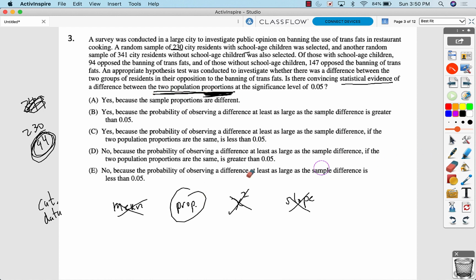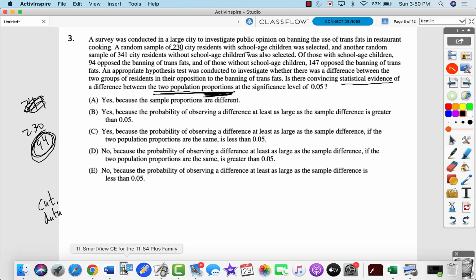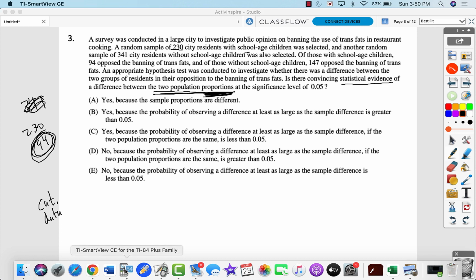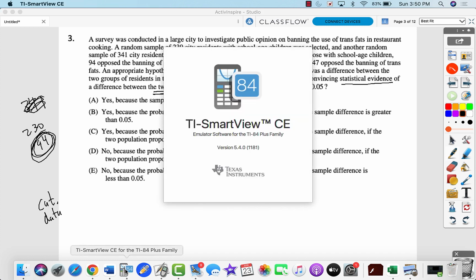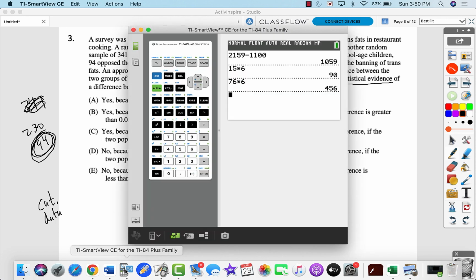So this is a 2-prop z-test. There are 2 proportions. I know it's 2 proportions because they took a sample from city residents with children and a sample in the city without children. That's the difference between them.